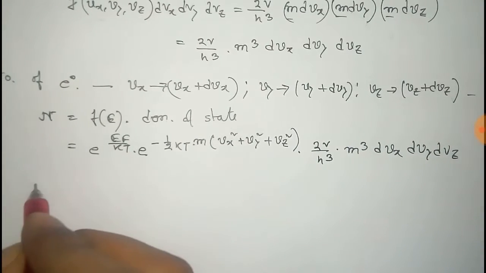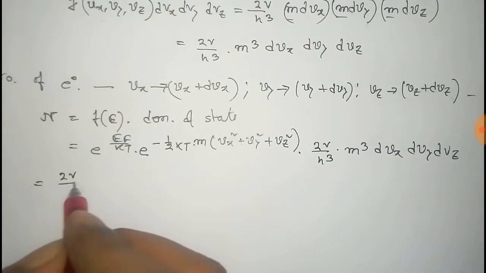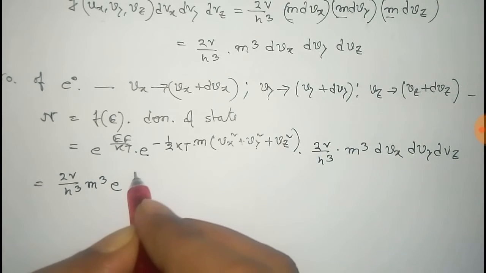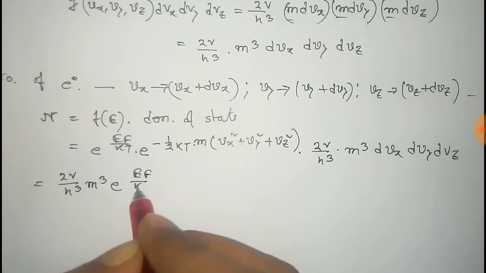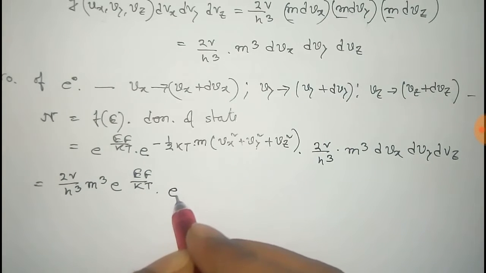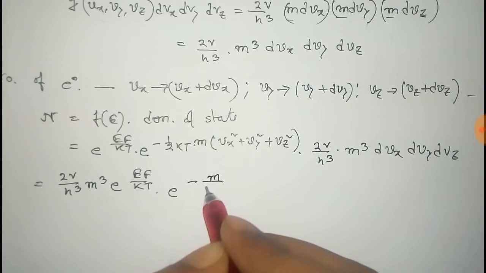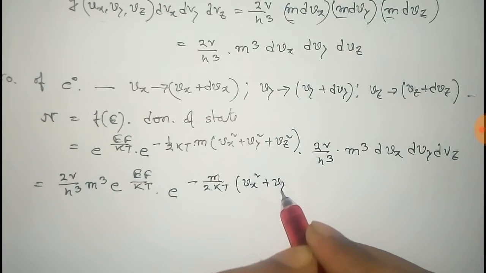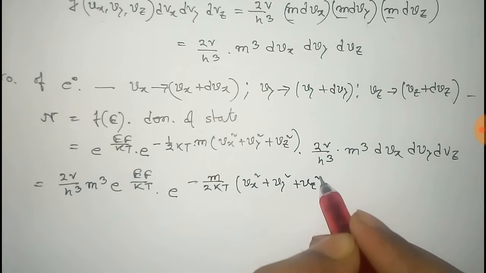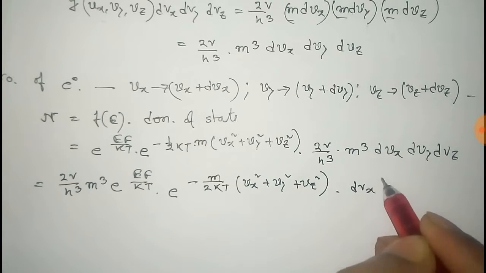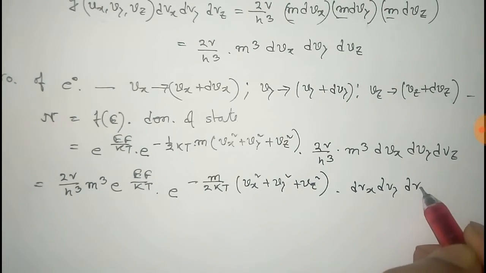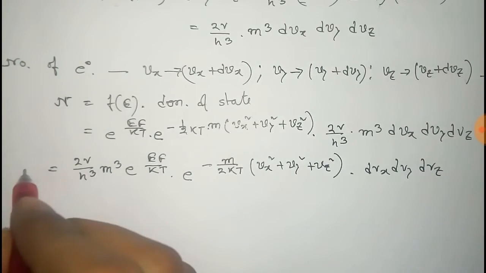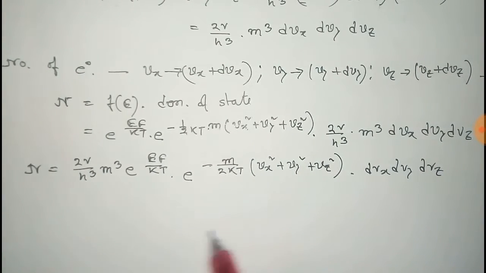So that's equal to 2V by h cube into m cube into e to the power EF by kT into e to the power minus m by 2kT (vx square plus vy square plus vz square) into dvx dvy dvz. Now thus we get the n.